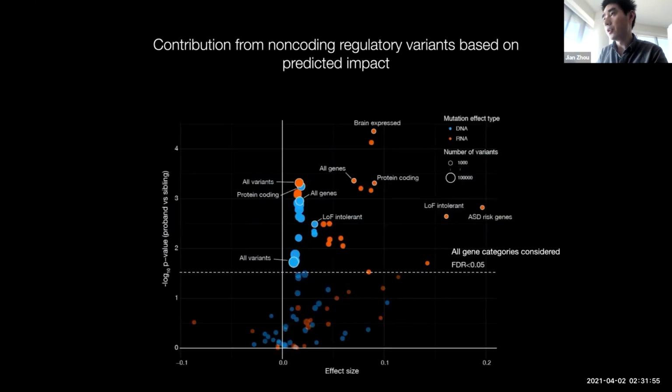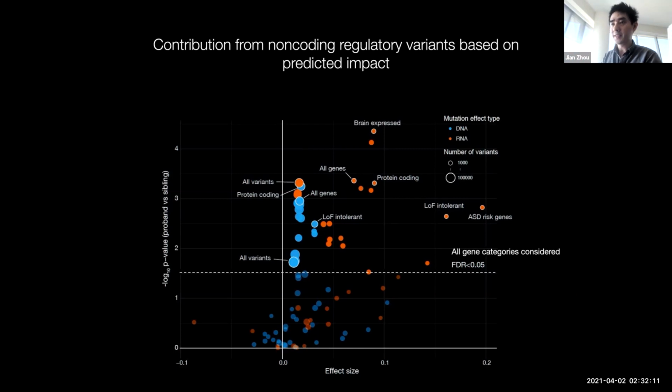And these are just selected gene sets. Here I'm showing you all of the gene sets that we have considered in this study. Across all of the gene sets, with multiple hypothesis correction across all of those tests, those are the ones that are significant after the correction.